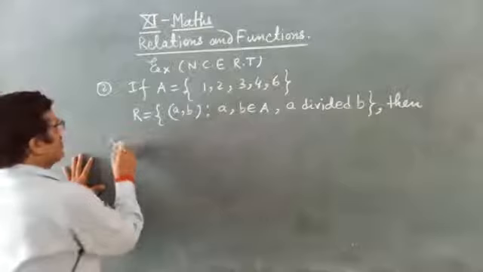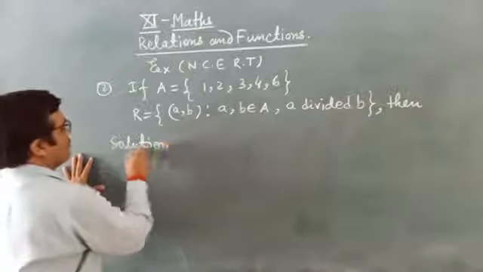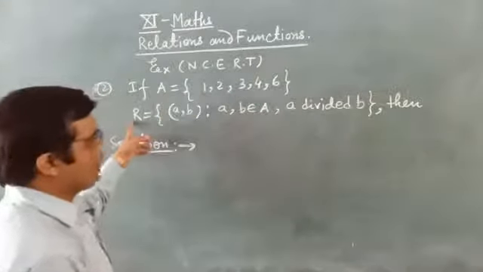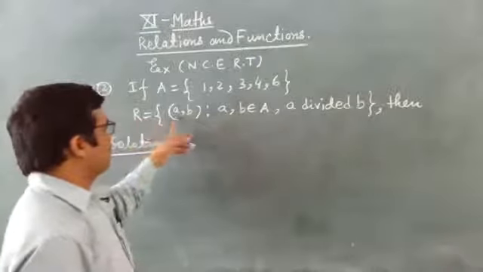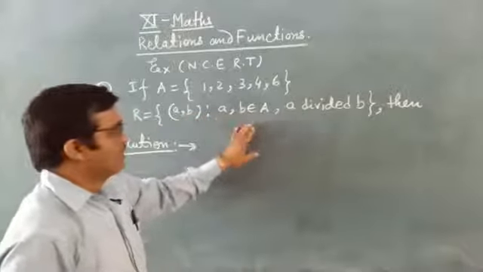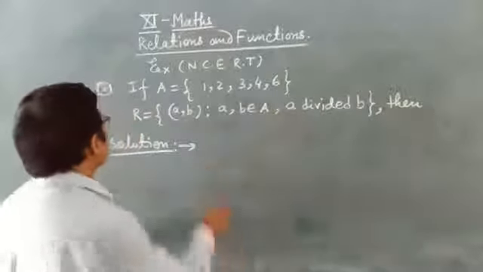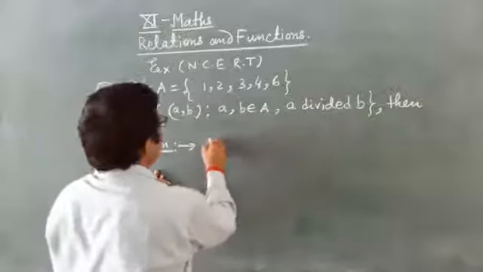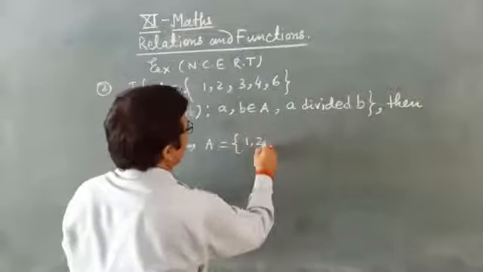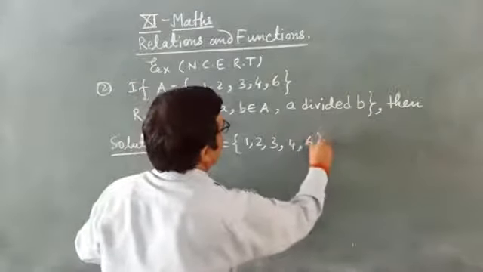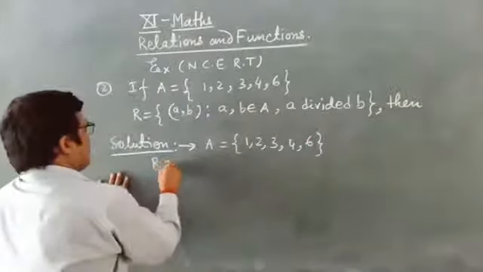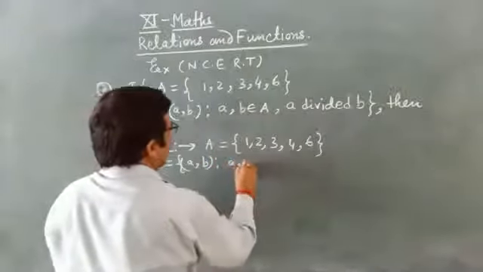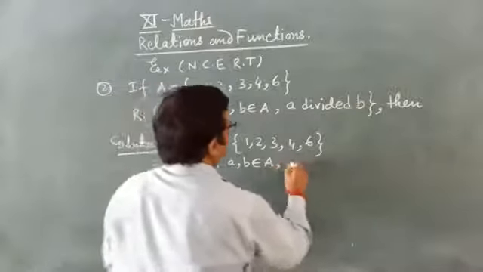So solution of this question: set A is given and relation R is defined as R is equal to (a comma b) such that a, b belongs to A and a divides b. R is a subset of A cross A. So set A is given, we write its elements 1, 2, 3, 4, 6, and relation R is defined as a comma b such that a divides b.